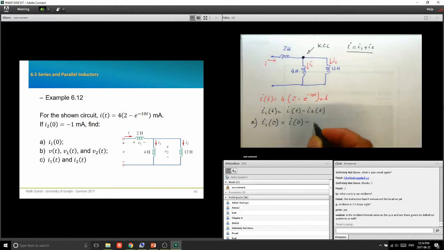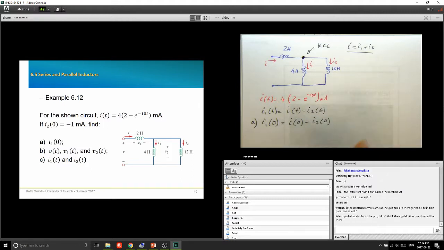Okay, 0 minus I2 of 0. E to the power 0, 1. So that's equal.